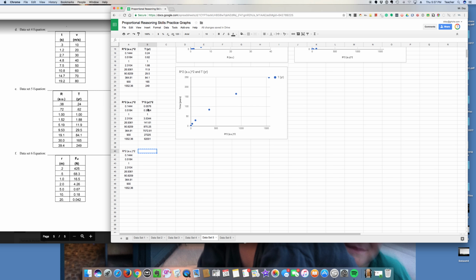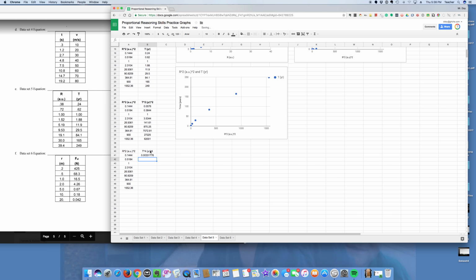This is crazy. So now I have t to the fourth power. That changes my units to years, whoops, years to the fourth power. And that makes this equals that squared, right?